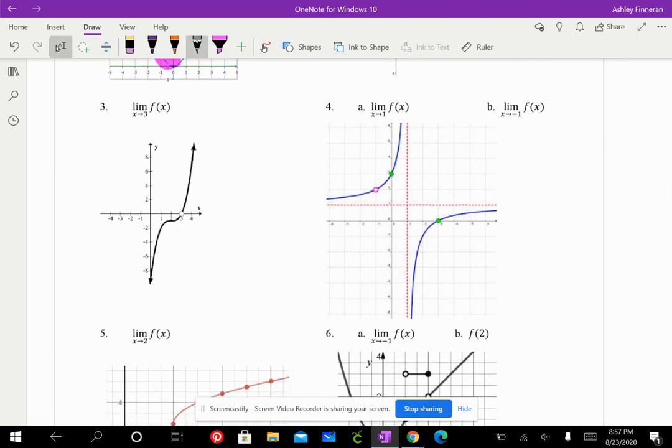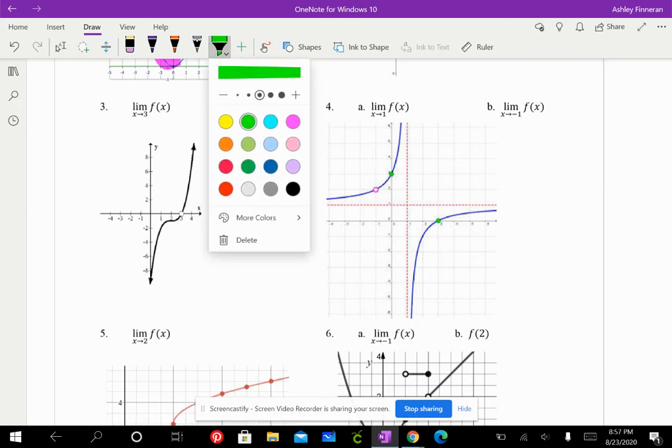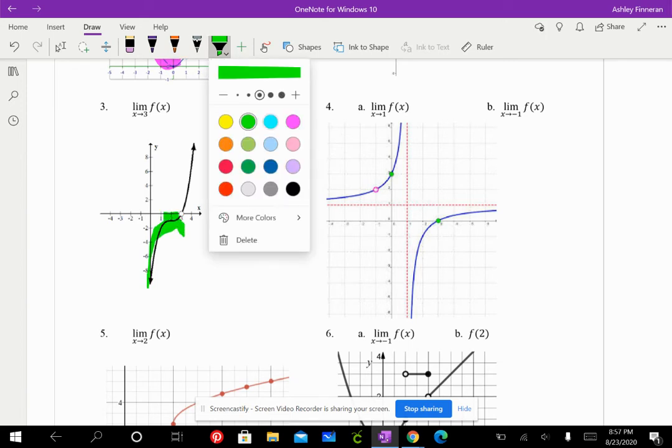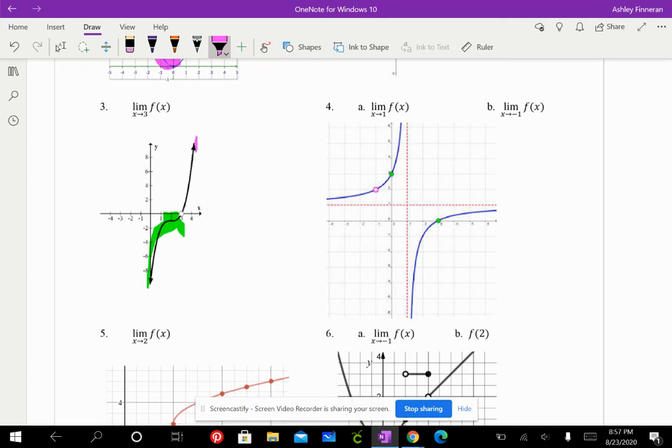So in number 3, we are trying to find the limit as x approaches 3. From the left, the y value is approaching 0. From the right, the y value is approaching 0. That means the limit is 0.